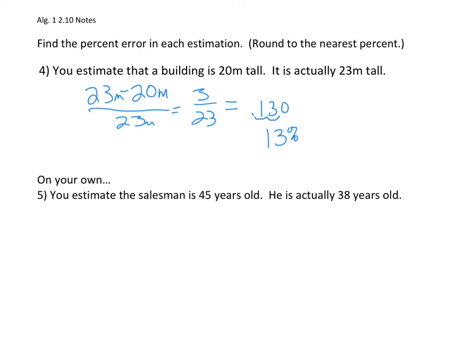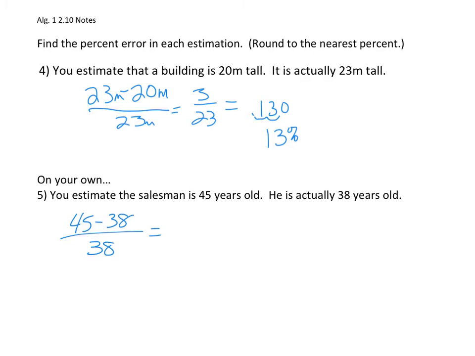In this one we have a salesman who is estimated to be 45 years old, and he is actually 38 years old. So we take that difference, and our actual number is 38.